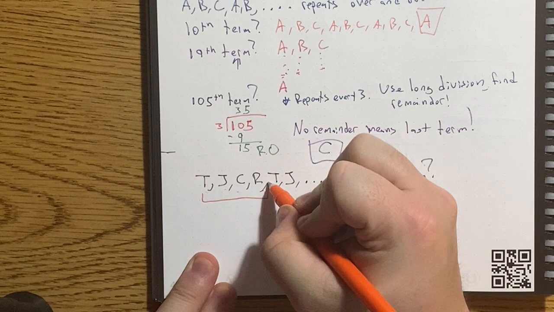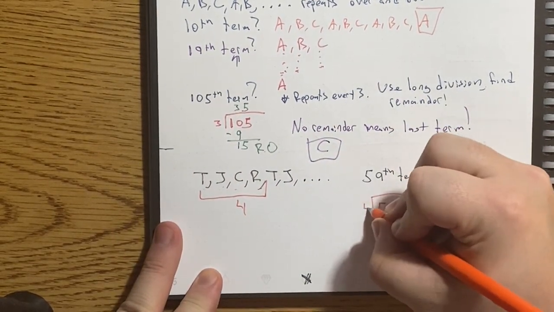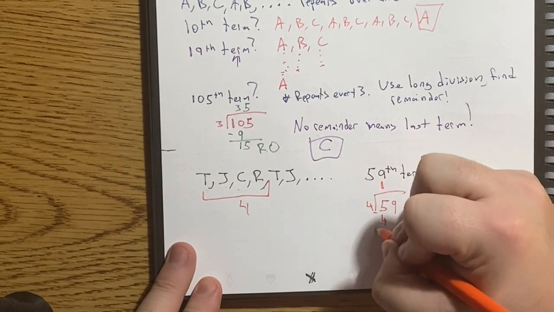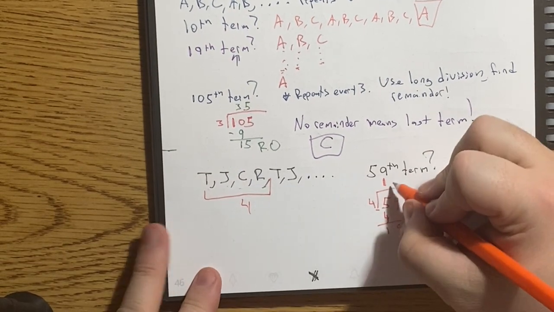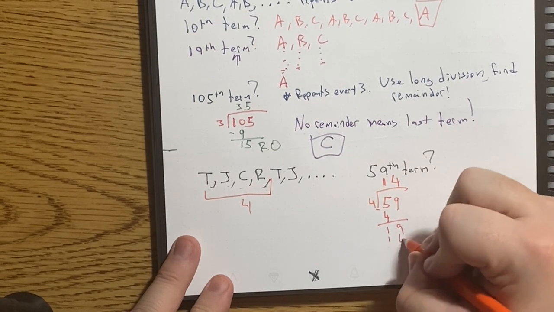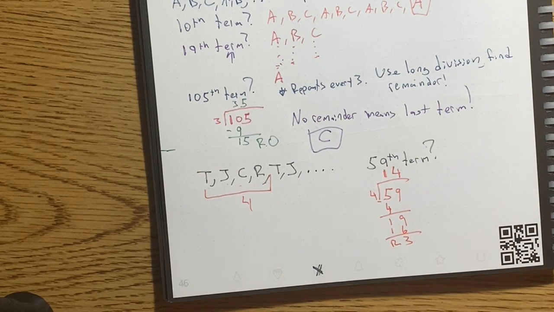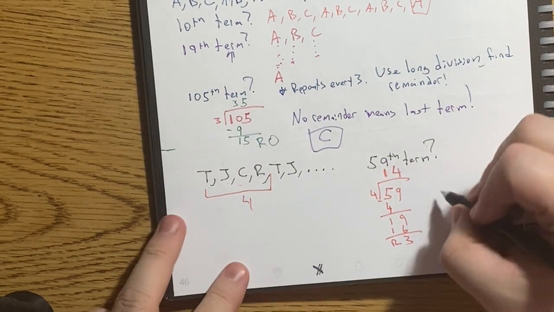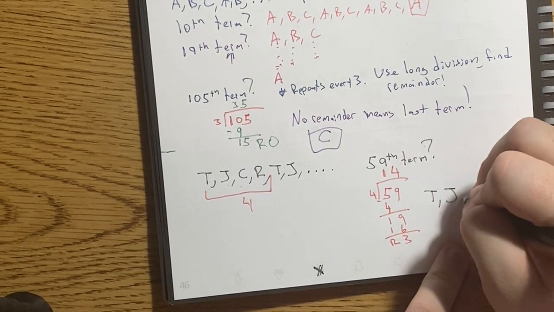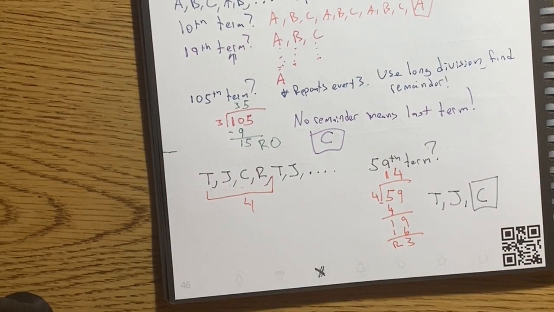So you do 59 divided by 4. 4 goes into 5 once. 1 times 4 is 4. Subtract and get 19. 4 goes into 19 four times. 4 times 4 is 16. You get a remainder of 3. So with a remainder of 3, you write out the first 1 term, 2 terms, 3 terms. The answer is C.